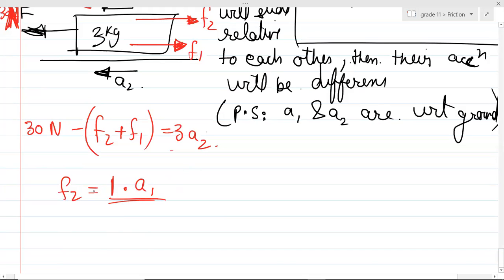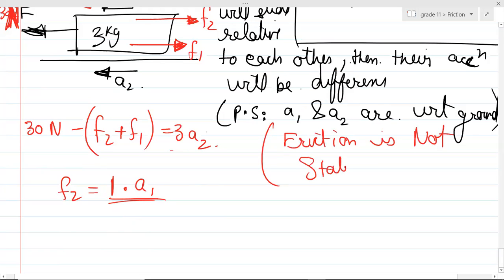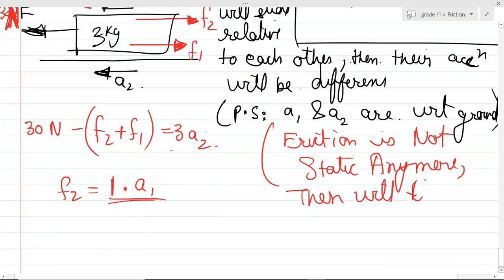So, anyways, now guys, F2 is providing the A1, right? Yes or no? Now, since the blocks are now in relative motion with each other, the friction is not static anymore. Yes or no? If the friction is not static anymore, then we'll use the kinetic friction.